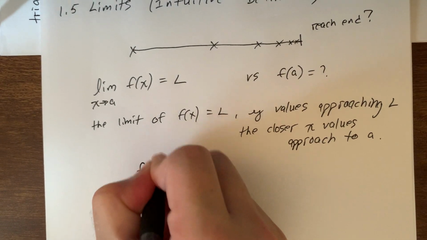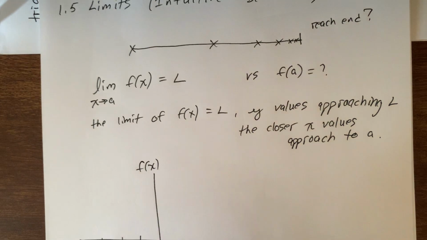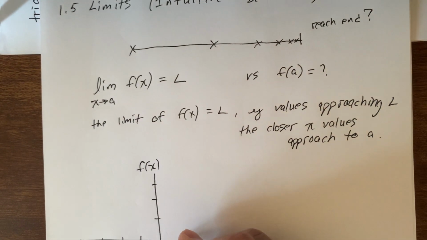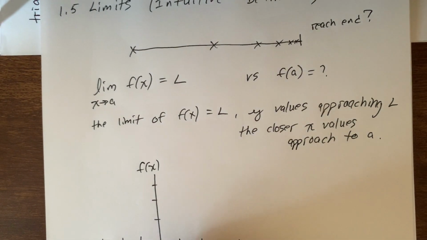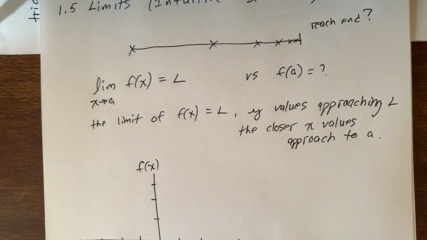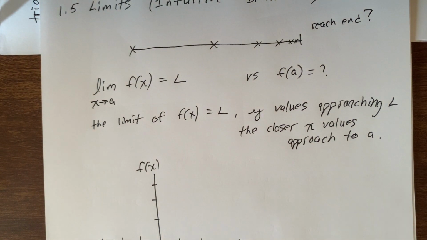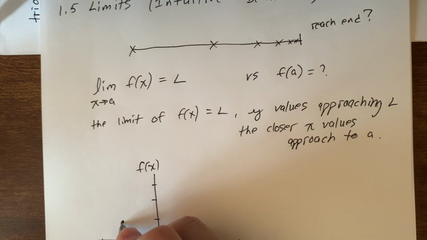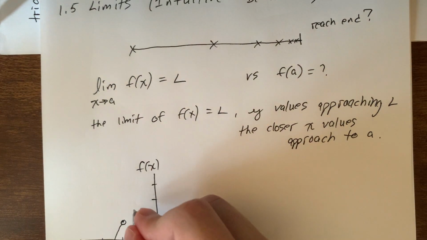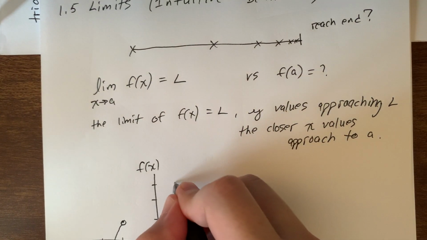Here's some function, f of x. Again, as I always say, just making my quick little grid, doing my best, trying to keep things lined up. And let's look at this.